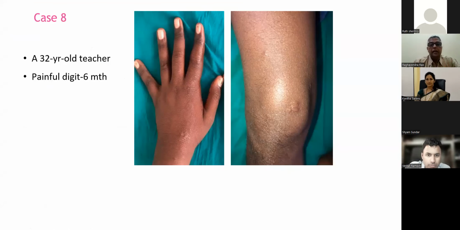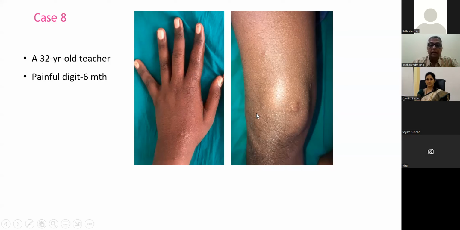So case number 8 is yet another interesting case, a 32-year-old teacher who had a painful digit, and he was admitted in orthopedics for evaluation. The orthopedic surgeon also observed that there were some skin lesions, and he was referred to us.